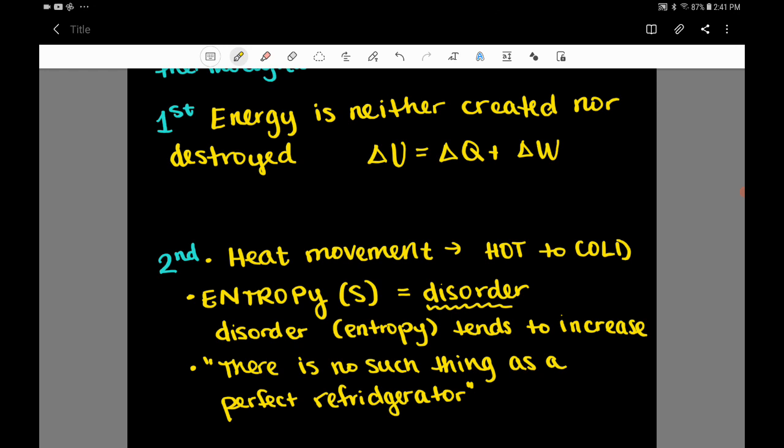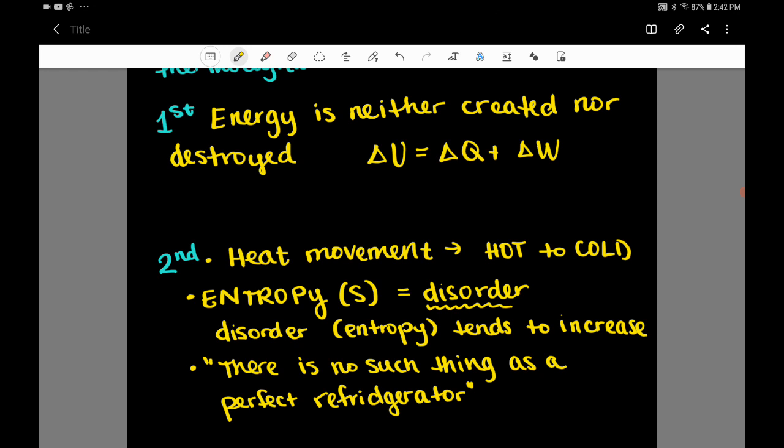That's just because there's resistance in the air and all these other factors. So nothing's really perfect. You can't just plug in your refrigerator and have it make perfect ice cubes every single time. It's just not going to work like that. You're going to lose some of your ability to do work to heat. So just keep that in mind.